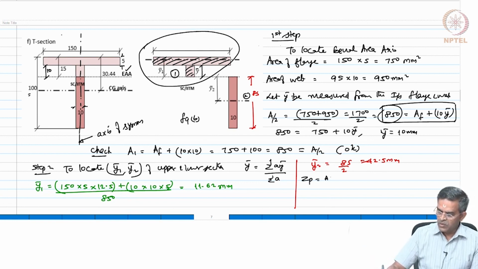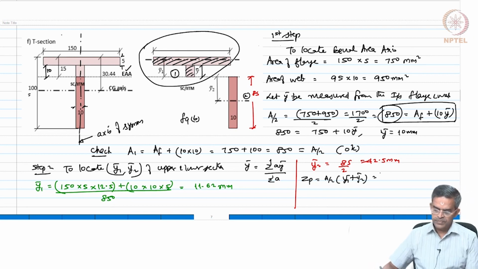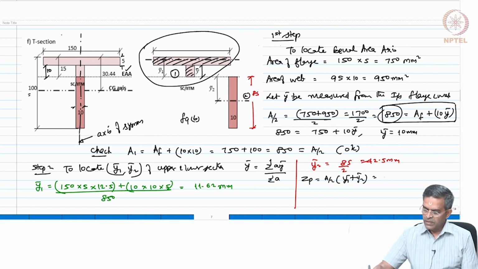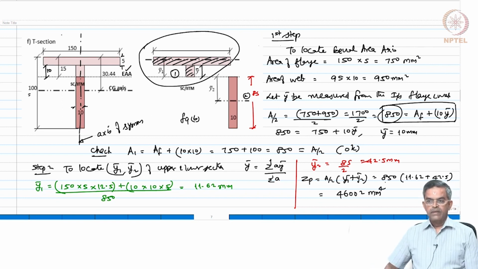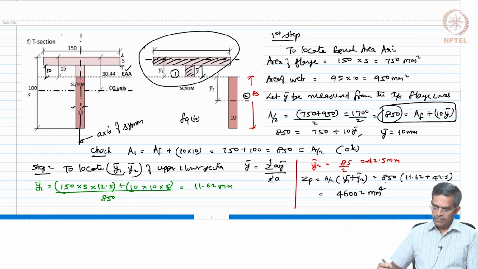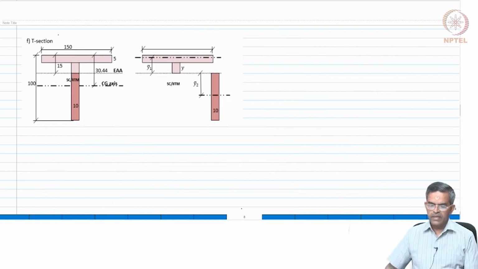ZP is A by 2 times y bar 1 plus y bar 2, which is 850 of 11.62 plus 42.5. So, ZP is 46002 mm cube. Okay, we got ZP. Let me find ZE.